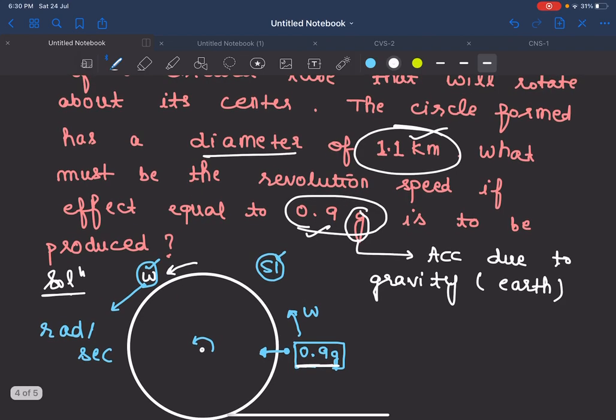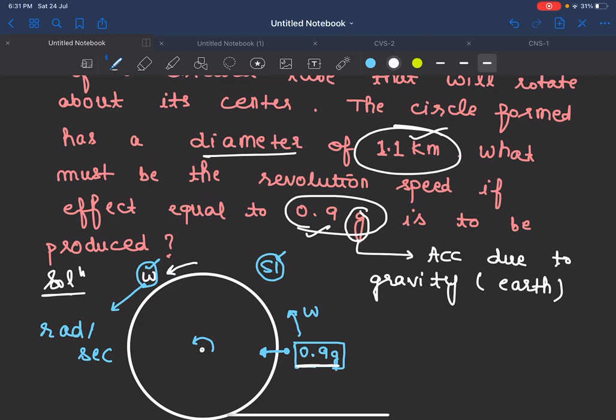So now we know what we have to do is, when the space station will revolve, if any object is kept on the surface of the space station, the net forces will act on it in such a way that it will have a centripetal acceleration towards the center, right?